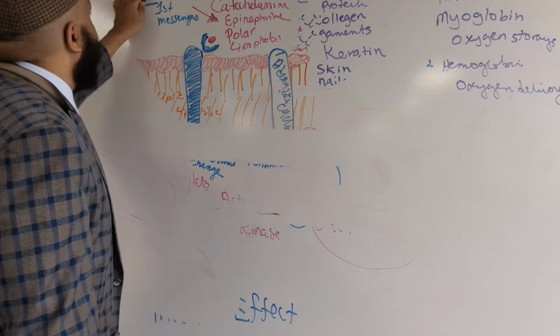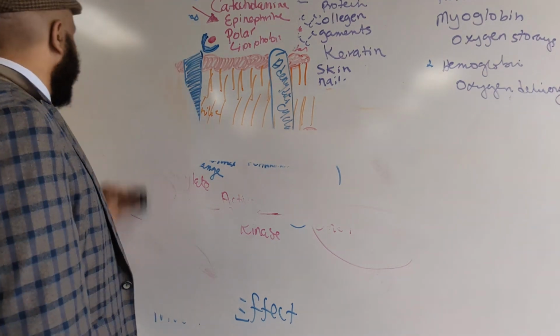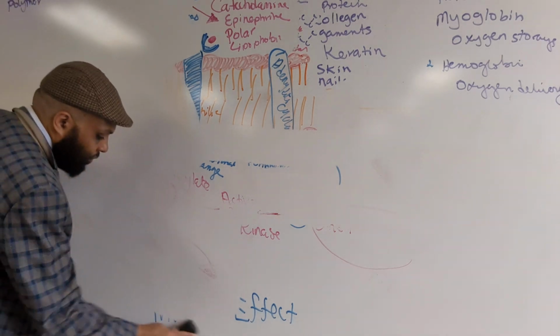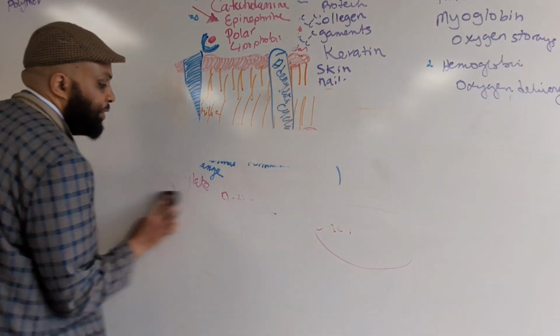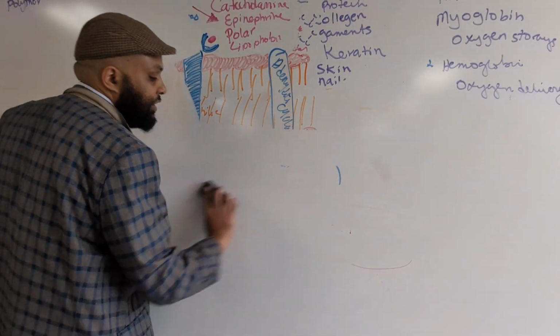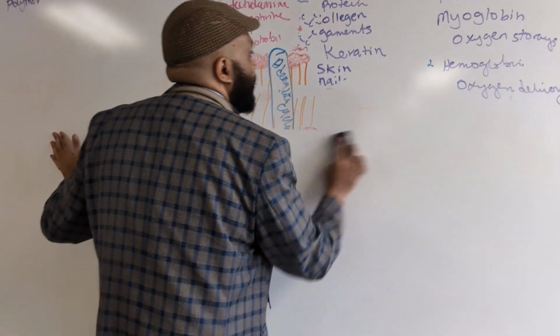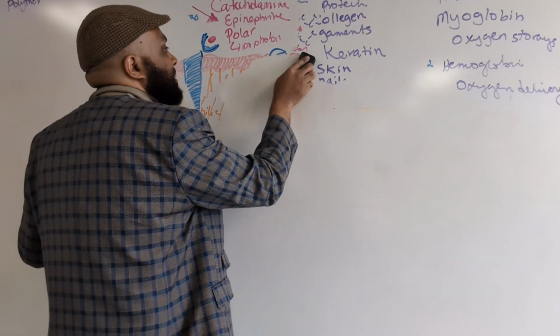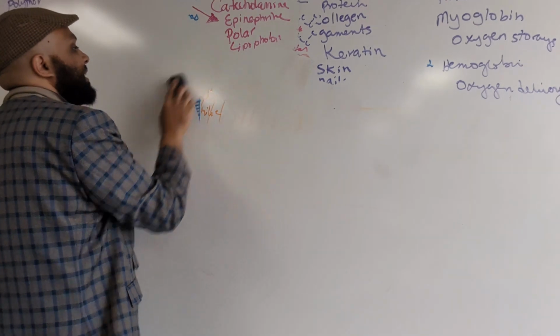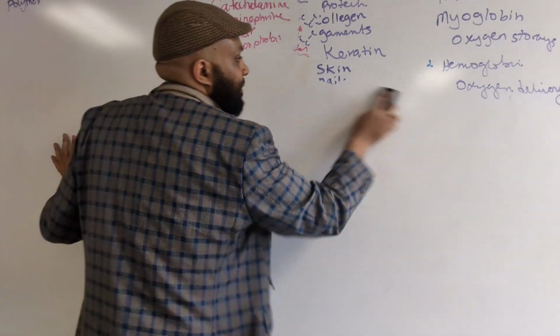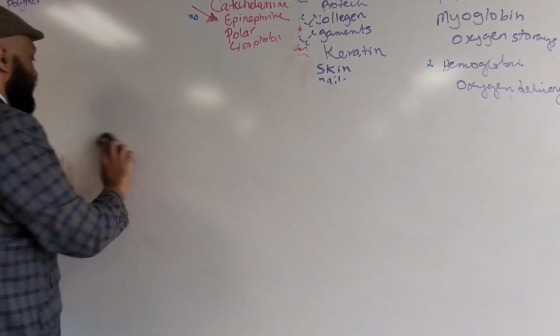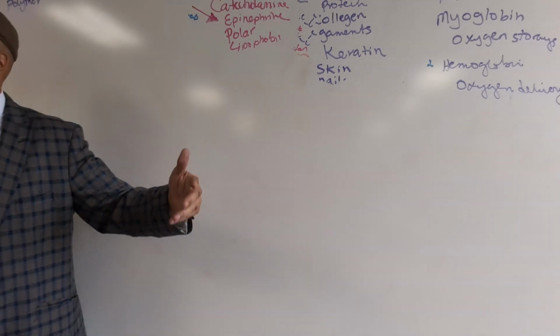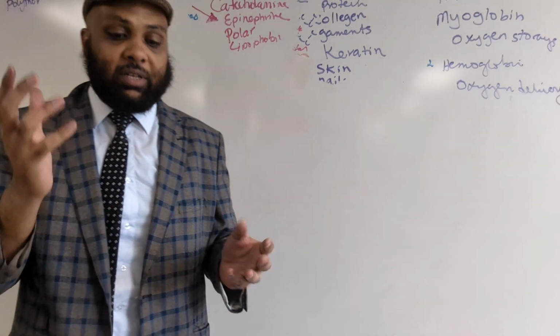Ovum cell, that's the egg cell, the female cell. And that ovum obviously unites with the sperm, and then fertilization will happen. And when fertilization happens, then cell division will take place, and then there will be development.